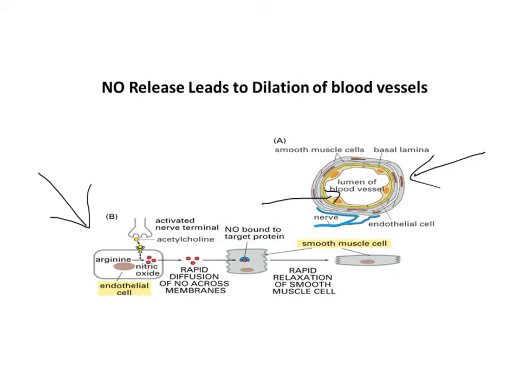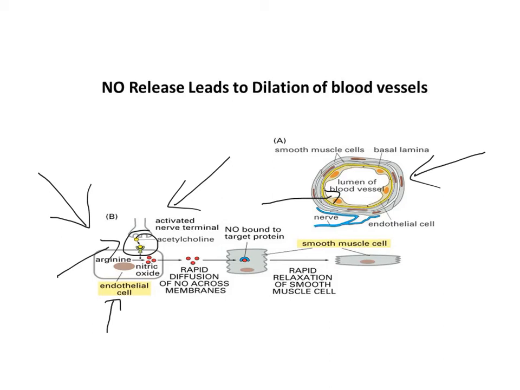Now, if the blood pressure becomes higher in our blood vessels, our nervous system will sense that change in blood pressure, and intervening nerves of the blood vessels will then release acetylcholine. Acetylcholine, when it's released by the intervening nerves, will interact with receptors on the endothelial cells, and this will stimulate production of nitric oxide. So ultimately, those endothelial cells become the signal cell that's actually releasing the signal molecule.